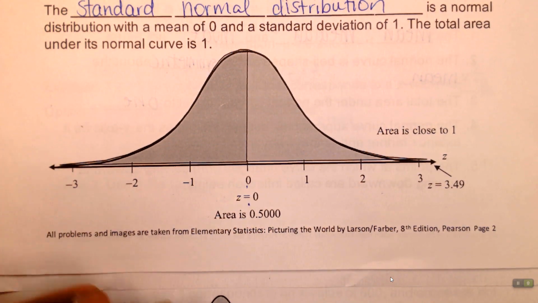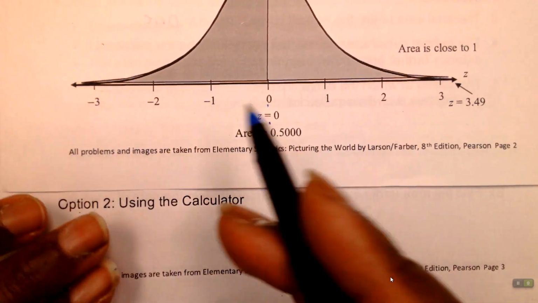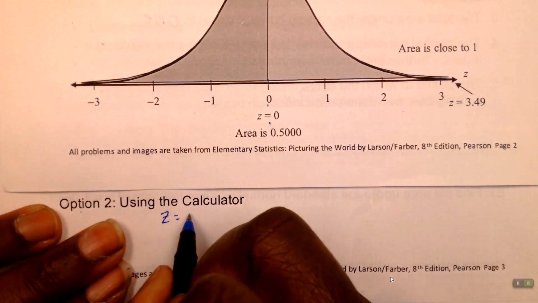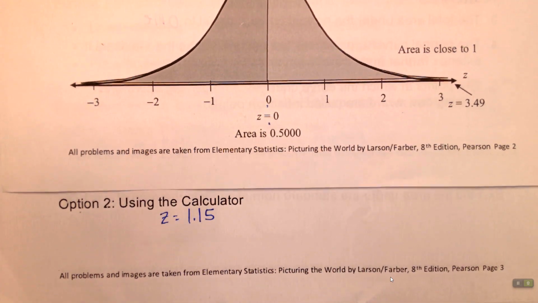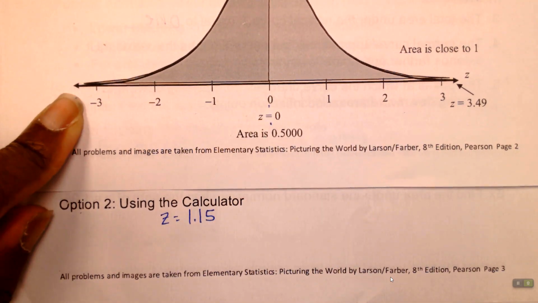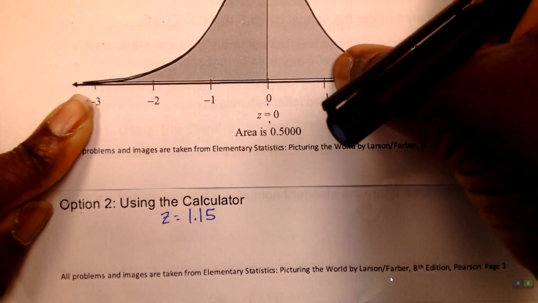Now, to use our calculator, remember, we want to find z equals 1.15. I'm telling the calculator I need you to start down here and stop at 1.15.